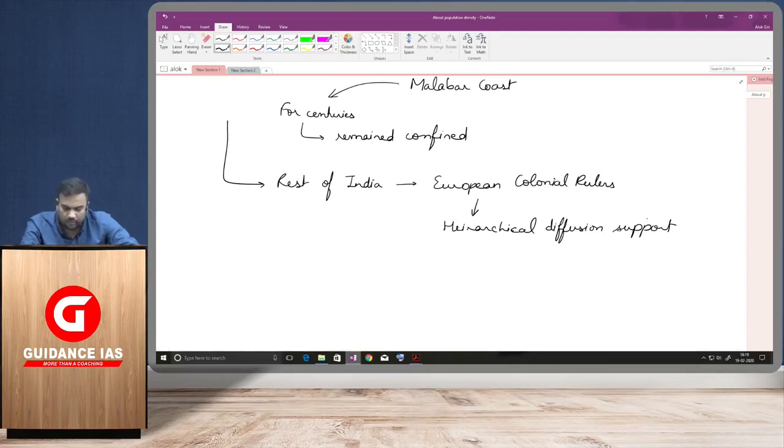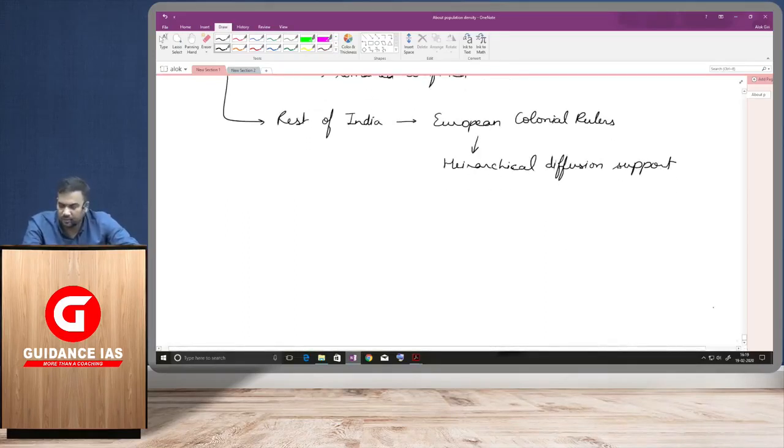Now, by the modern period, religions were very clearly established in the regions. There were only a few areas still to be affected by the major religions. For example, when this process of the Europeans started, we find that the tribal belts of India were not part of Hinduism.